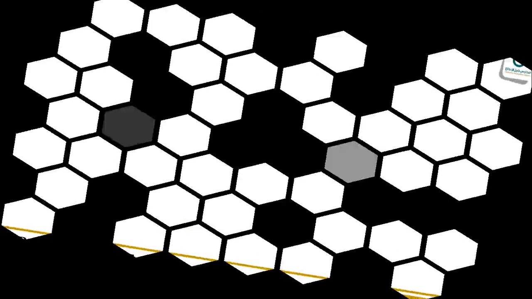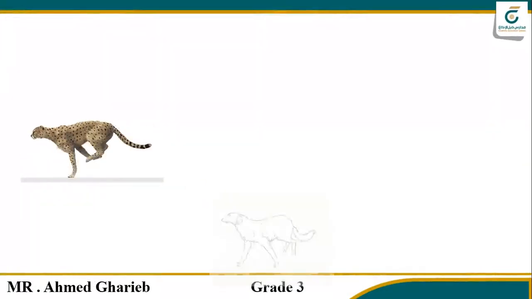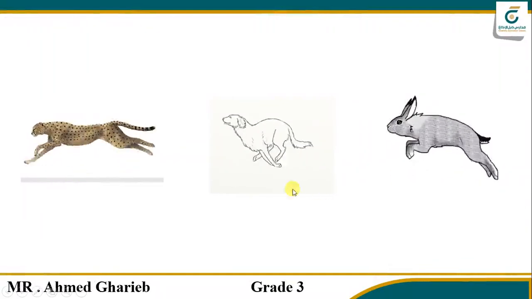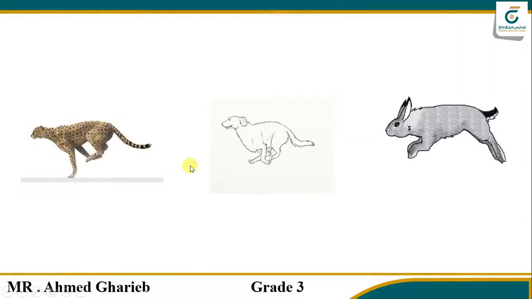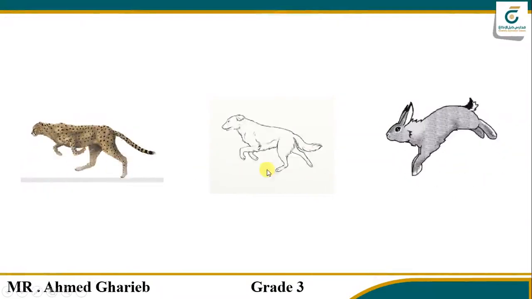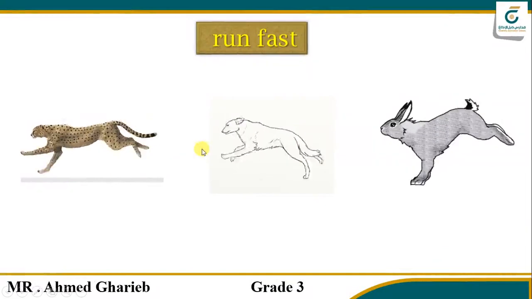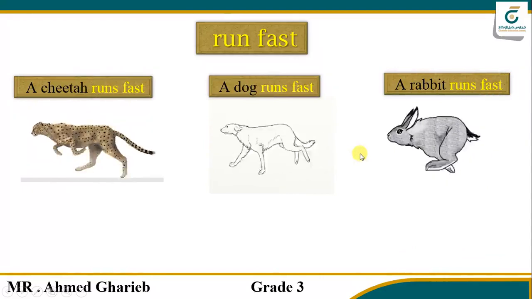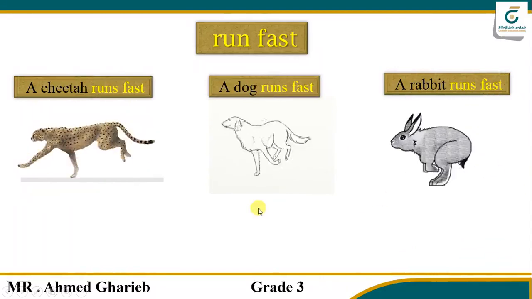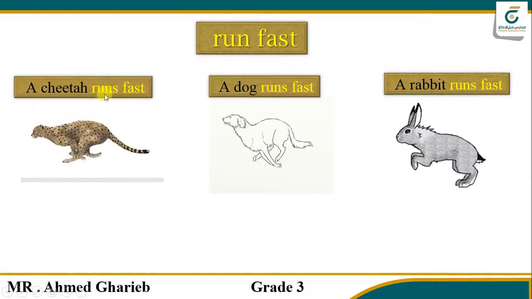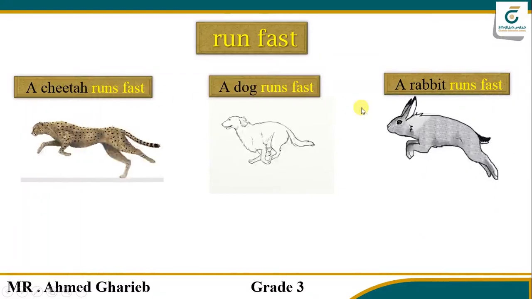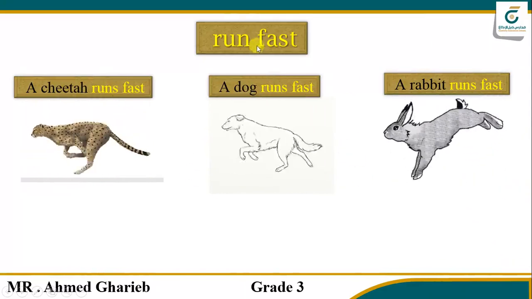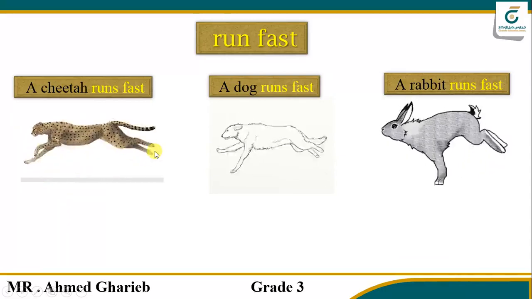Let's have an example. Cheetah again, dog. This time we add a rabbit. So all of them do the same action. Run fast. Okay, cheetah runs fast, the dog runs fast, and a rabbit runs fast. As you see, the verb and the adverb in the three sentences are the same, but one of them is doing this action, running fast, with the highest degree.